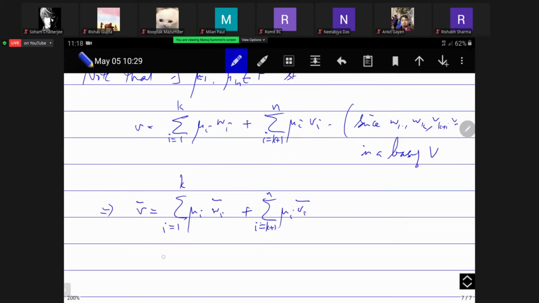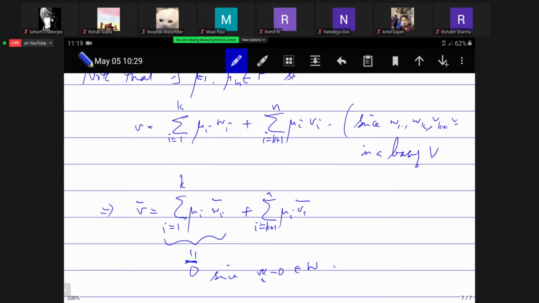But this is 0, we just observe that since w_i minus 0 is already inside W, this is a 0 bar. So this v bar can be written using v_{k+1} bar through v_n bar. So these things span the set.